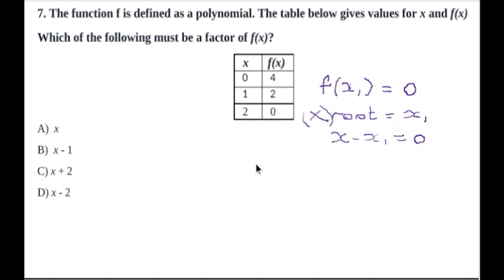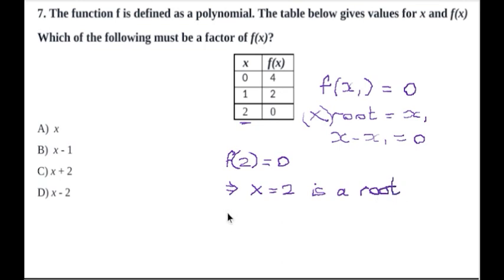So that's the factor. So we can see here that when we substitute 2 into f of x, our result is 0. So therefore 2 is a root, or x is equal to 2 is a root, or it's a solution.